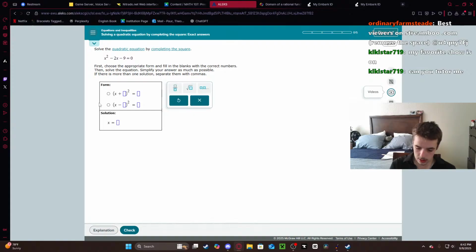Which we then get x squared minus 1. No, sorry, x minus 1 squared equals 10. You square root that and you get x minus 1 equals square root 10. X equals 1 plus or minus square root 10. I think that's it.